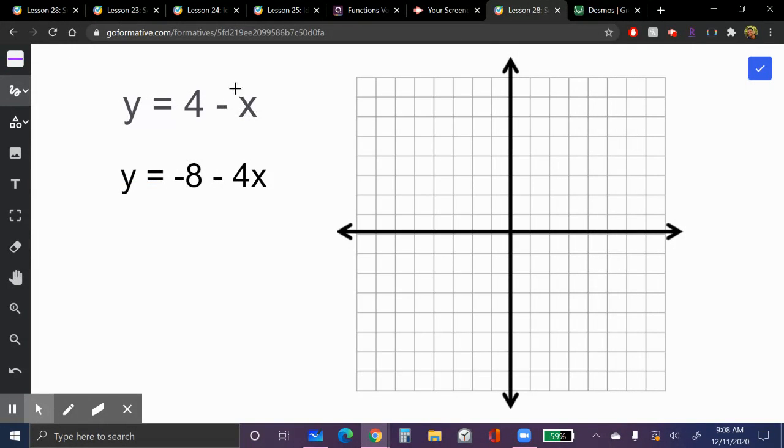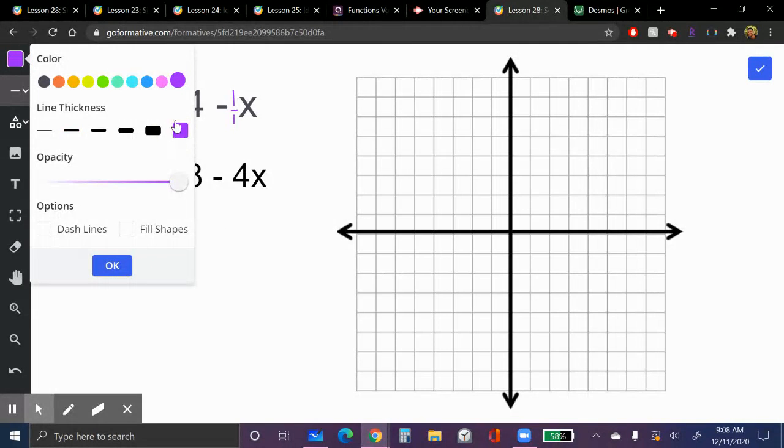The x is at the end. So this is where the slope should be. There's a negative here and an invisible 1. So my slope is negative 1 over 1. So be careful with that.